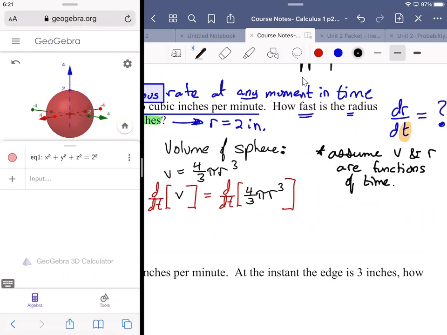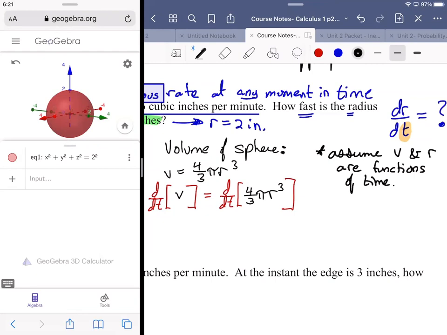What that means is that the volume will change depending on the moment in time, and so will the radius. I think that makes sense. If you're visualizing this balloon or the sphere expanding, the volume would expand. In this case it's getting bigger, and depending on the moment in time, it's going to be a different size. Corresponding to that, the radius itself would be changing based on the moment in time.